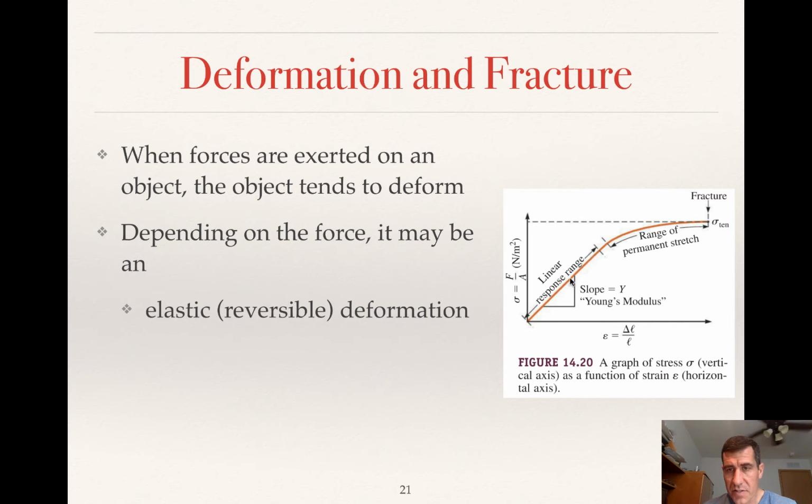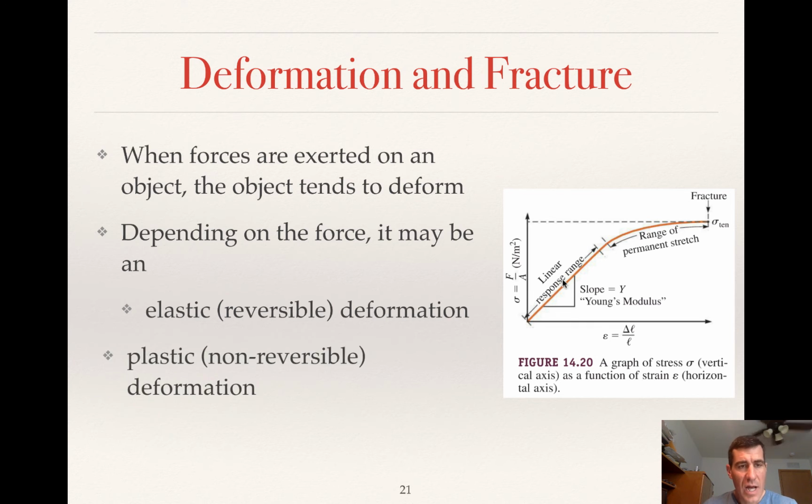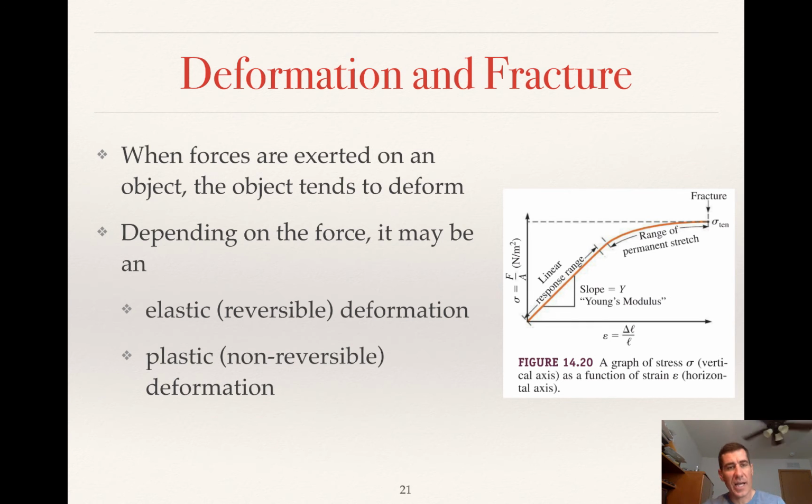In this first range, which is sometimes called the elastic range, elastic just means it's reversible. I squeeze on the eraser, but when I quit squeezing, it goes back to its original shape. So that's a reversible or elastic deformation. However, at some point, if I apply enough stress, whether it's compression or tension, eventually I'll get some sort of non-reversible deformation.